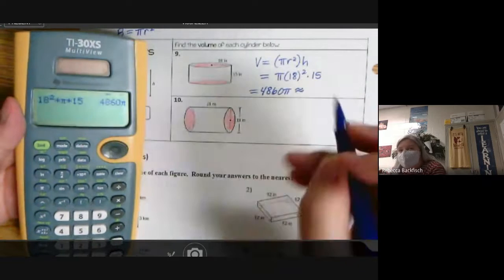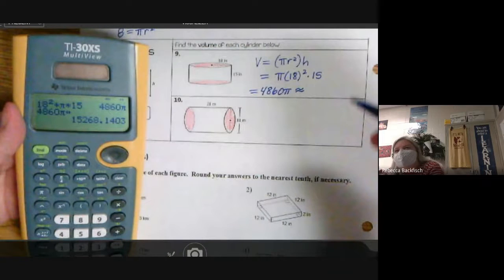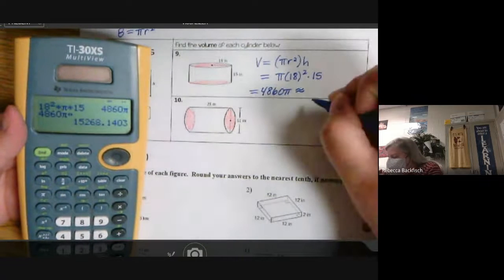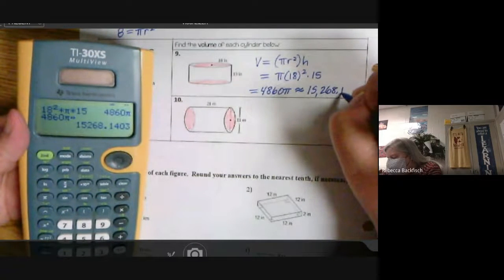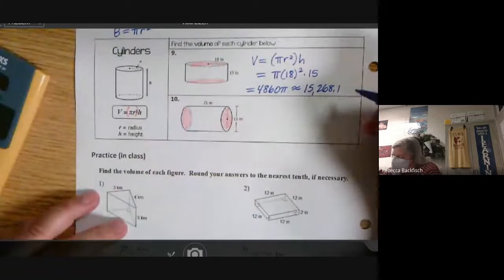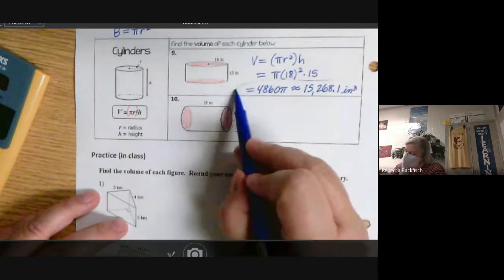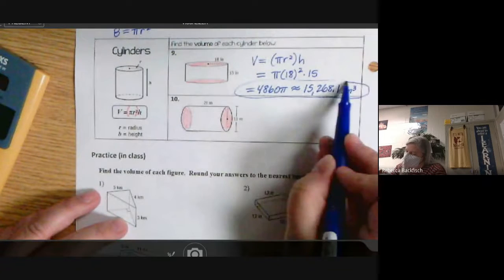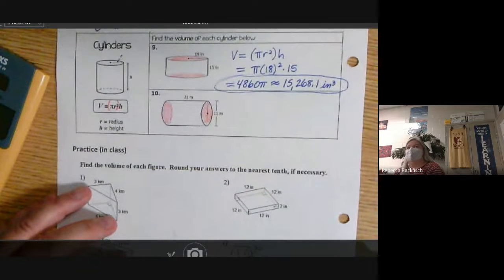If I change that to a decimal, that's 15,268, let's say 0.1. And that's cubic inches. You guys know I'm not really good about units, so I'm not going to count off if you don't remember to put the units.